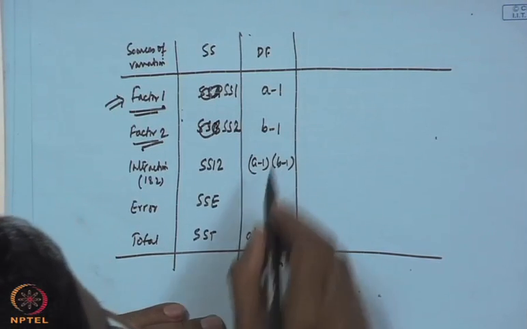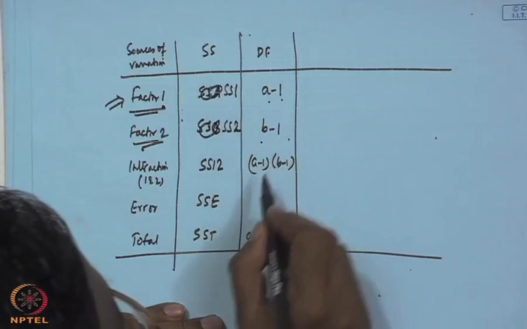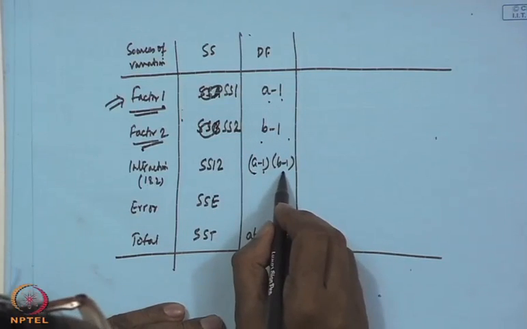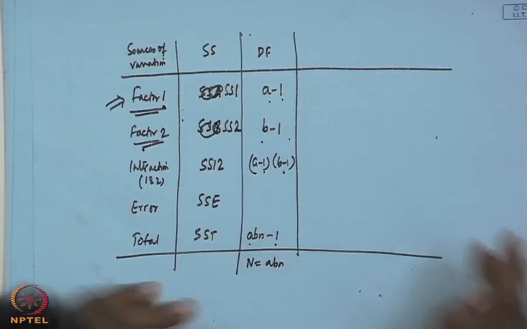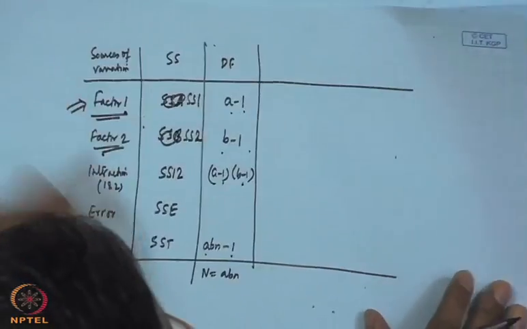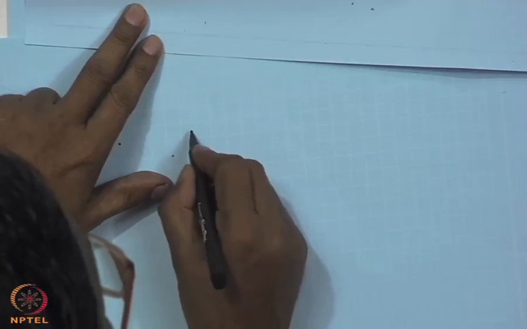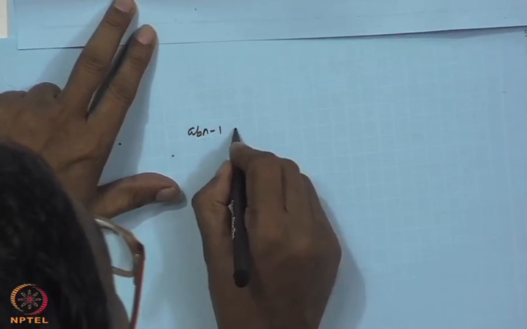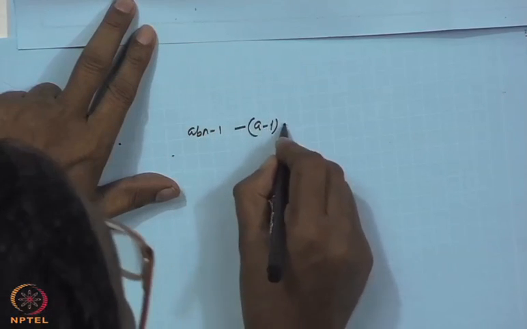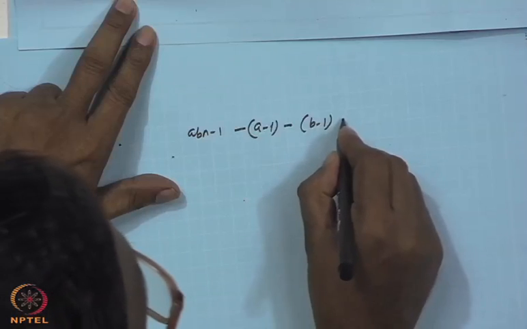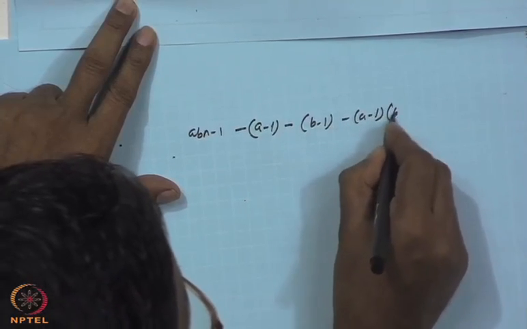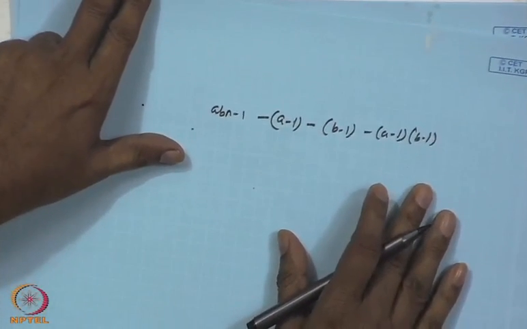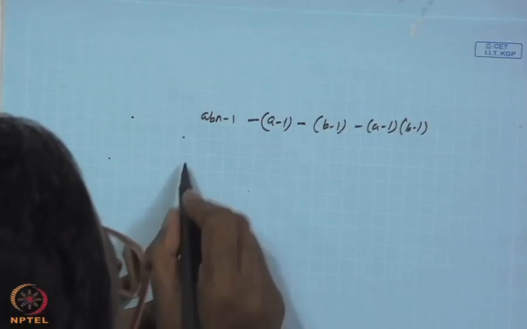ABn minus 1 minus A minus 1 minus B minus 1 minus A minus 1 into B minus 1, because total will be this. So, what will be this value? ABn minus 1 minus A minus 1 minus B minus 1 minus A minus 1 B minus 1. Okay.